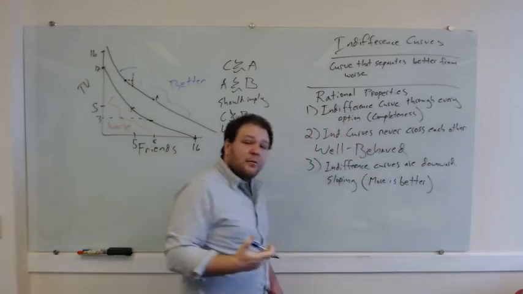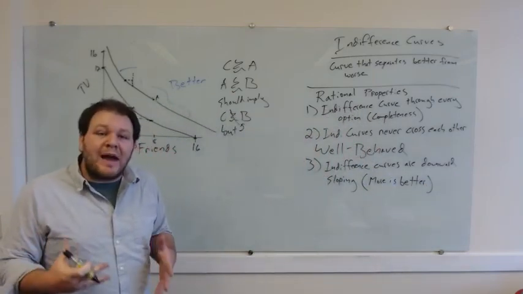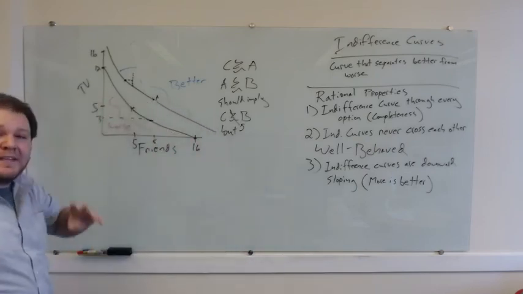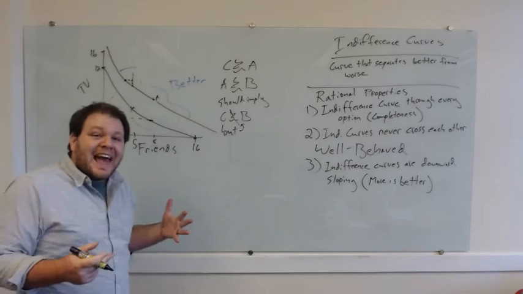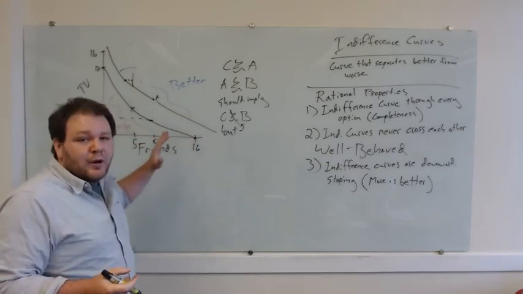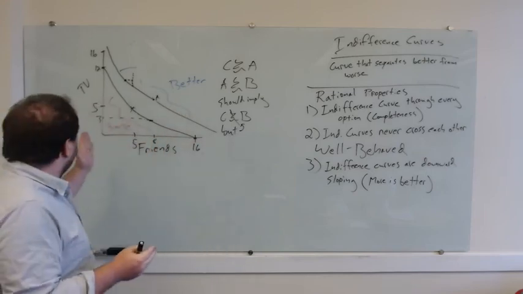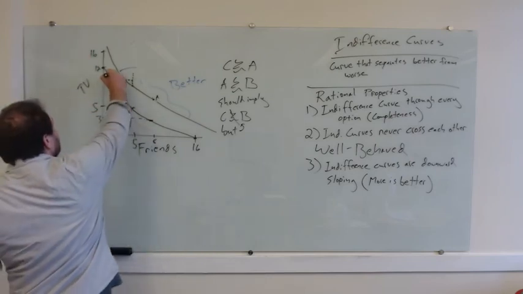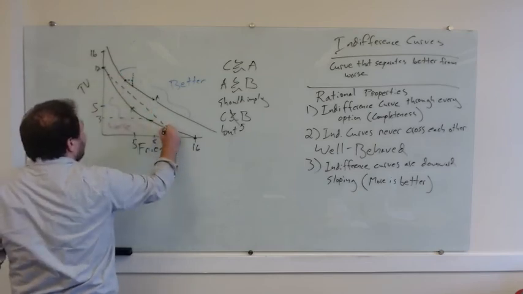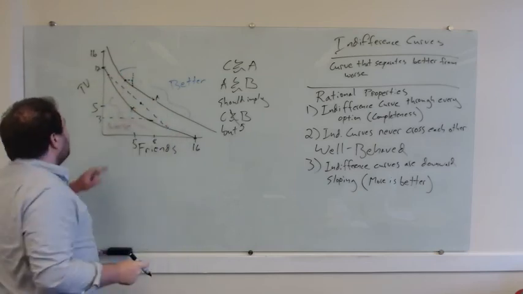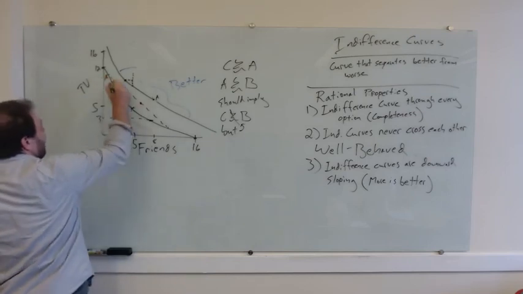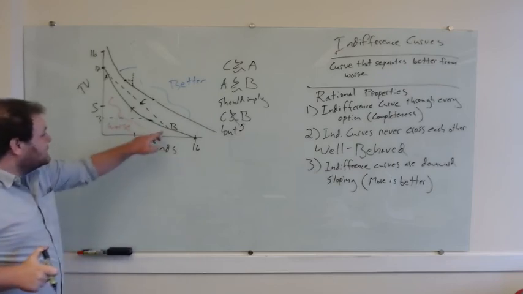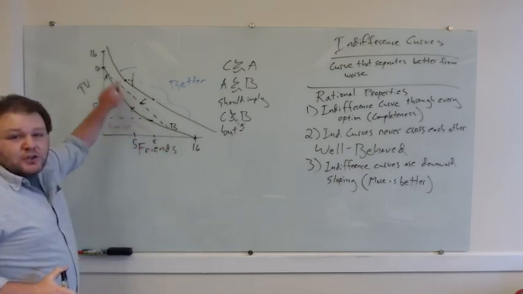And then lastly, we have diversity is better. We would rather have a mix than to have all one thing or all the other. The way that this is going to be represented in indifference curves is that indifference curves bend away from the origin. Another way of thinking about this is that the slopes almost look like they got pulled in. If we take two points on an indifference curve and we connect them with a straight line, which is to say we consider the average between two points, point A, point B, and then point C is the average, the average is always going to be better than the extremes.